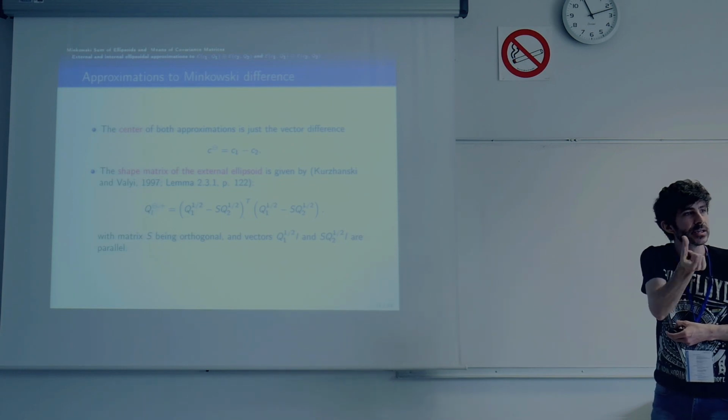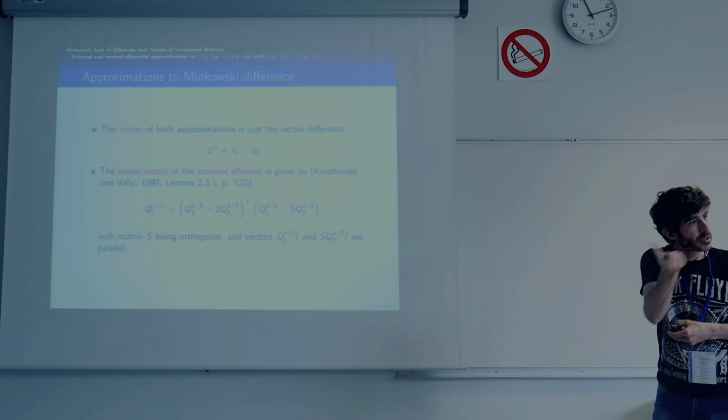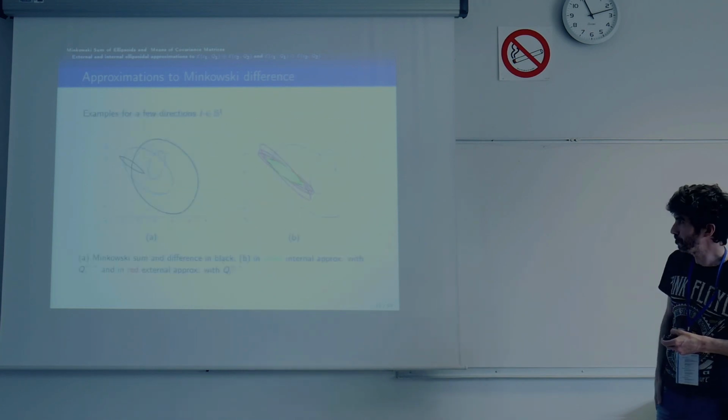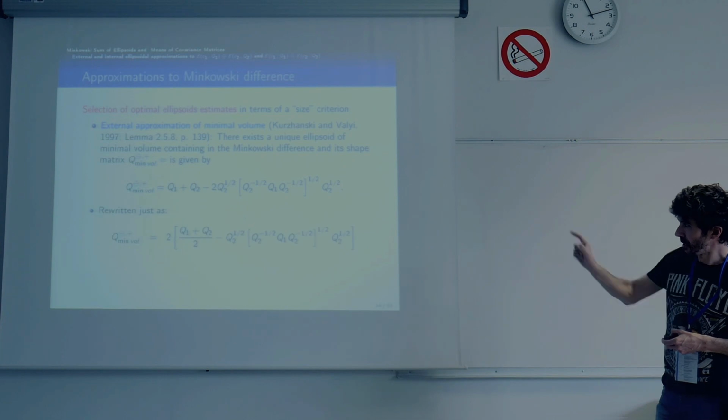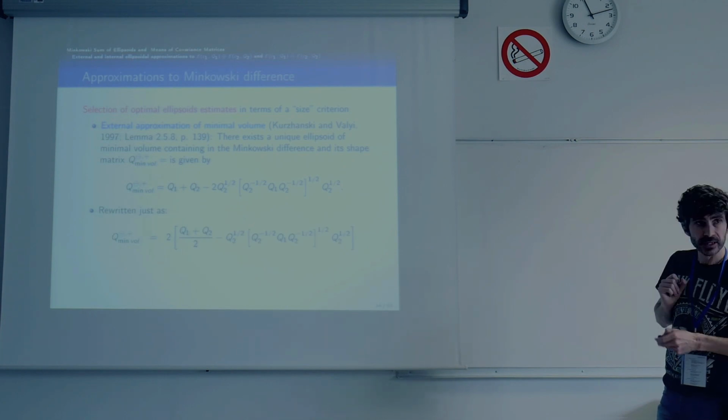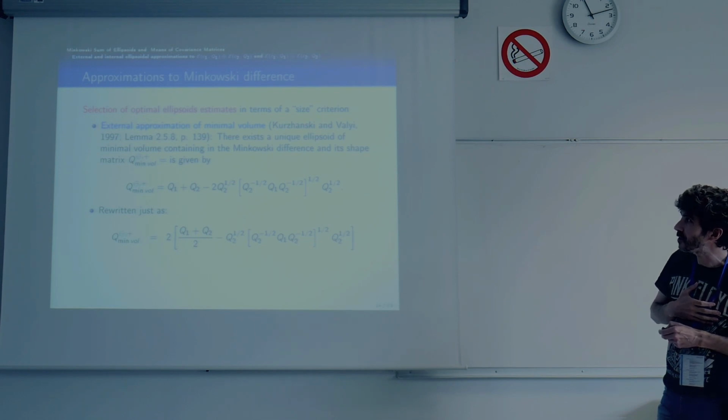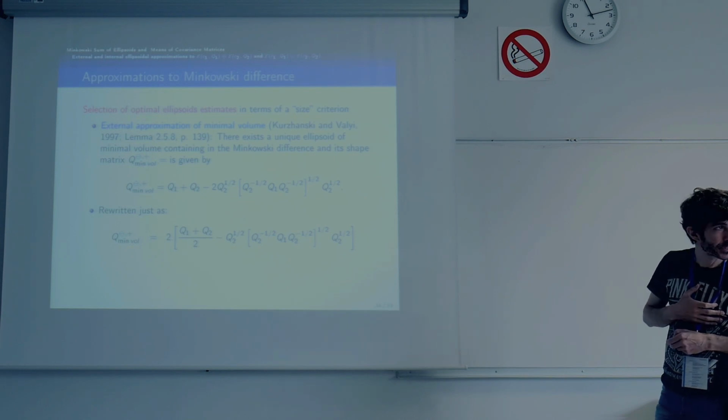Usually you have only a plus or minus sign changing. Basically, we will focus in particular on the expression of the external approximation of minimum volume to the Minkowski difference, which looks like the previous one except for this minus sign which appears here.